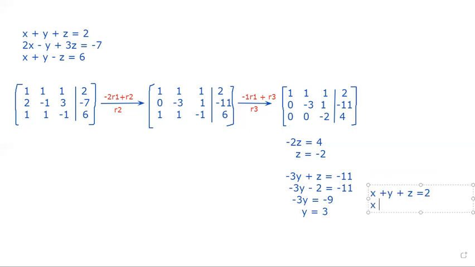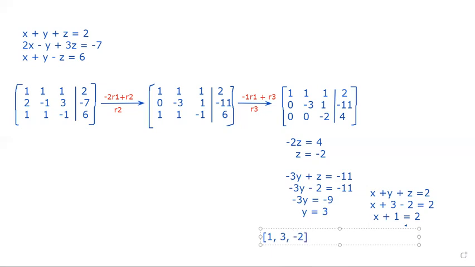That is x plus 3 minus 2 is equal to 2. x plus 1 is equal to 2. We're just simplifying everything. Remember, 3 minus 2 is equal to 1. And when we subtract the 1 from both sides, x is equal to 1. Okay, so our answers in this case are going to be 1, 3, -2.